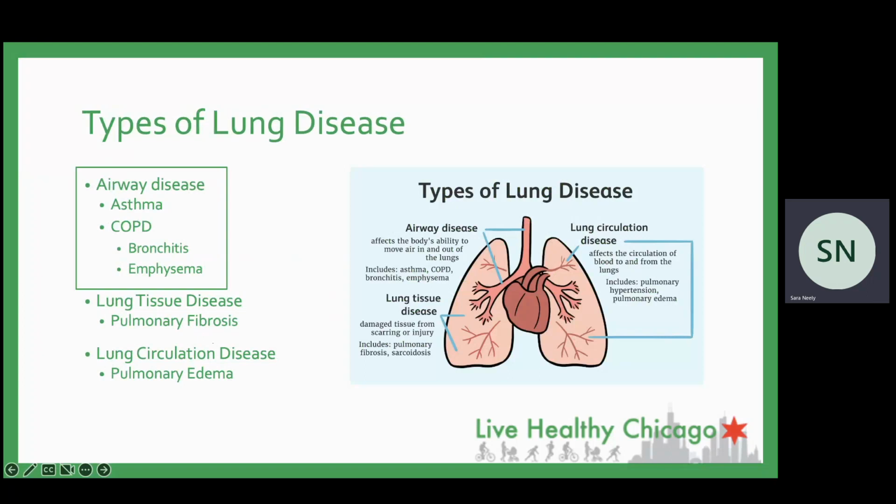Bronchitis and emphysema are different types of COPD. Lung disease may also be due to lung tissue damage from scarring or injury, such as pulmonary fibrosis. It may also be due to poor circulation of the blood to and from the lungs, such as pulmonary edema.